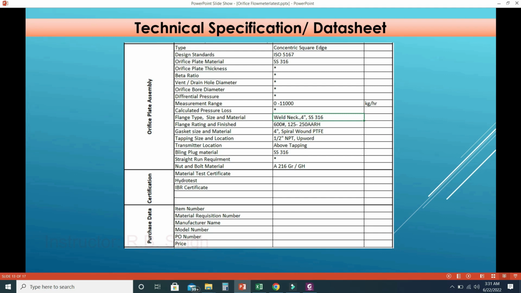Similarly we will do this activity for all the 200 tags, and that will be a particular deliverable for the orifice flow meter. But remember, this is for the orifice plate assembly only. The transmitter will be procured with different requisitions, so we have to prepare different data sheets for the DP type flow transmitter. That will be covered in a different lecture on transmitters.